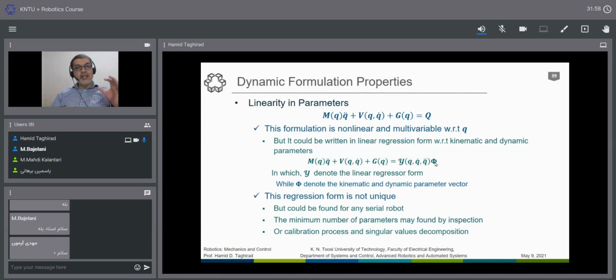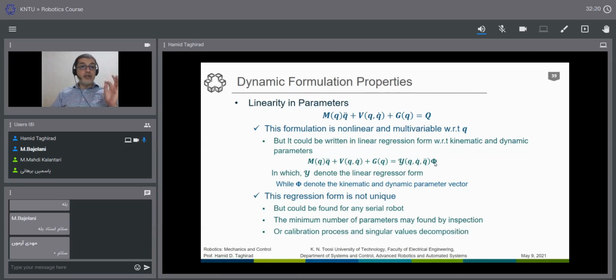Every mass, or every link that we have, has 10 parameters in general. The first parameter is mass. The second parameter is the center of mass. Center of mass has 3 components, x, y, z, so it would be 3 parameters. And we have also the moment of inertia.